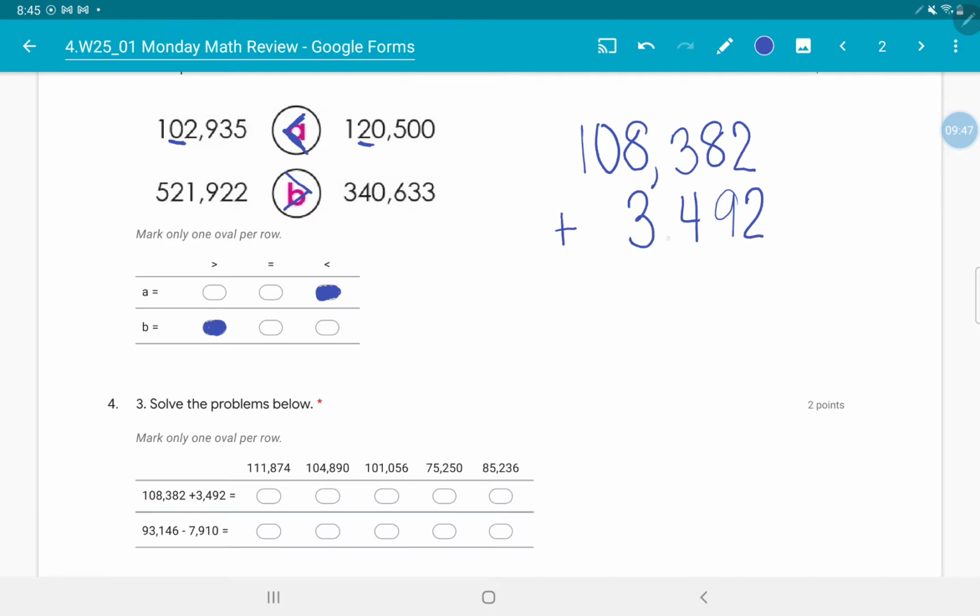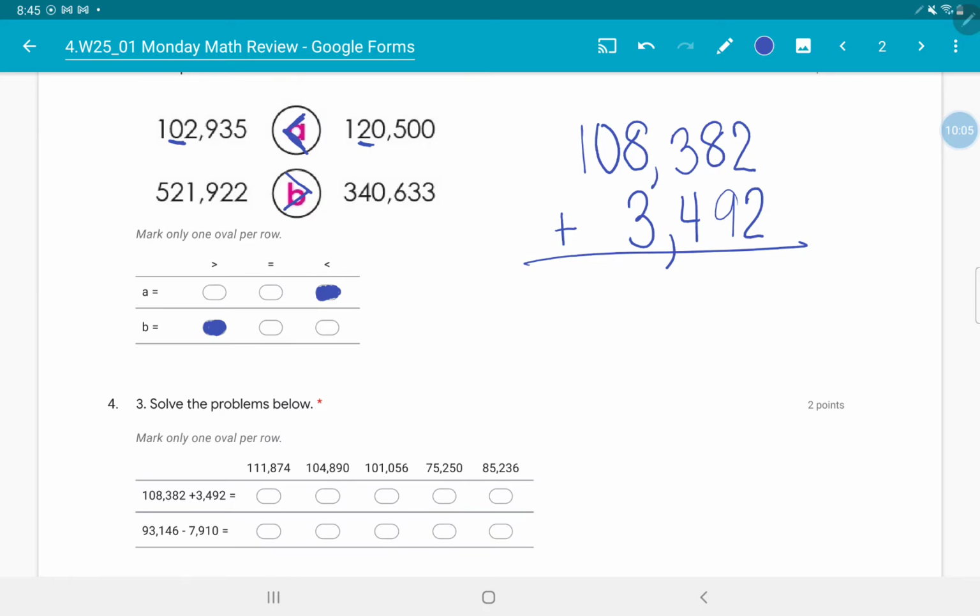All right, so what am I going to do to solve this, Harper? I'm gonna add the 2 and 2 is 4. Okay, 2 plus 2 is 4.